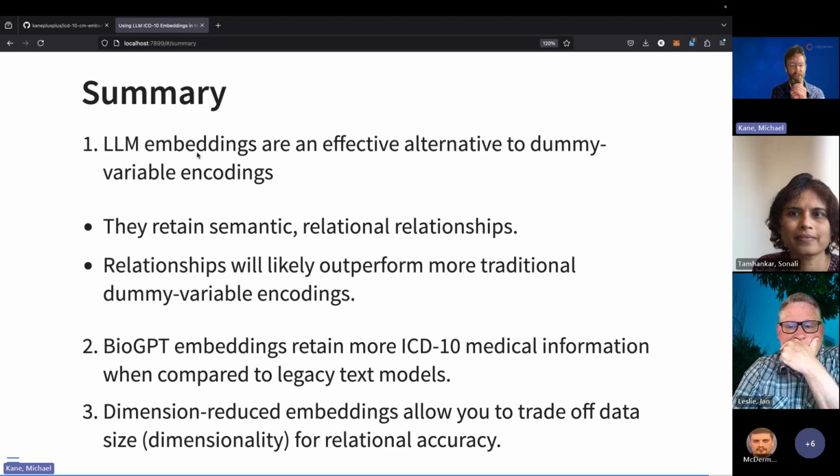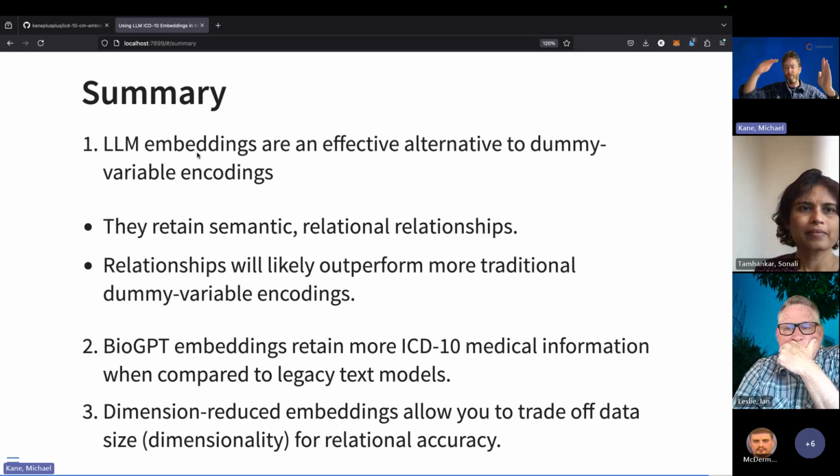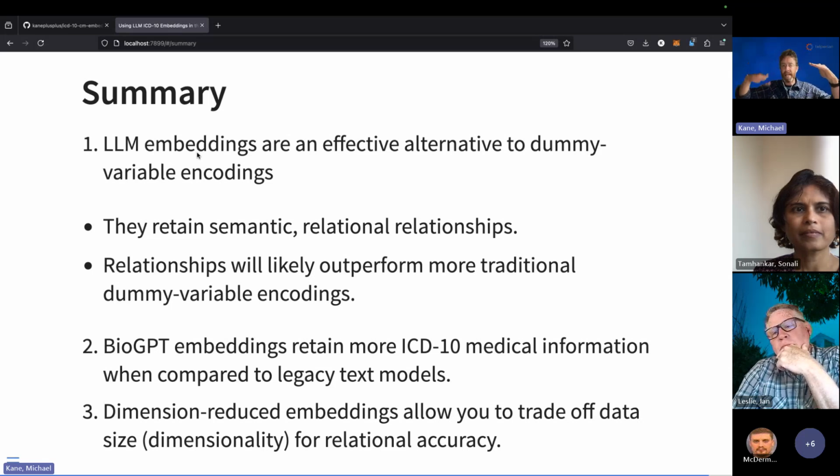Just as one last note, one thing we are interested in right now is that we run into cases a lot where, for any one of our samples, we can have one or more ICD-10 codes. One of the things I really want to try is, if I just add up the embedding representations for the corresponding ICD-10 codes, can I handle the case where the number of ICD-10 codes changes per patient?